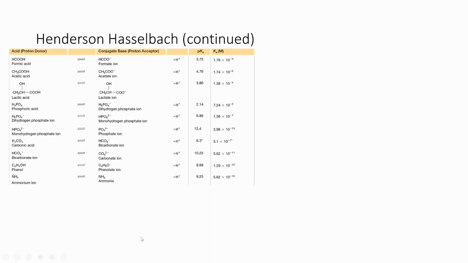Here's what I want you to think about: if we want to select a buffer system for our physiological pH of 7.4, we can look these over and see which buffer system is going to work.